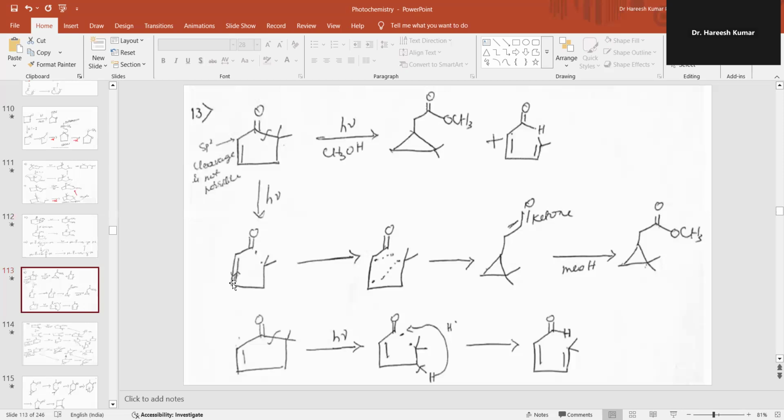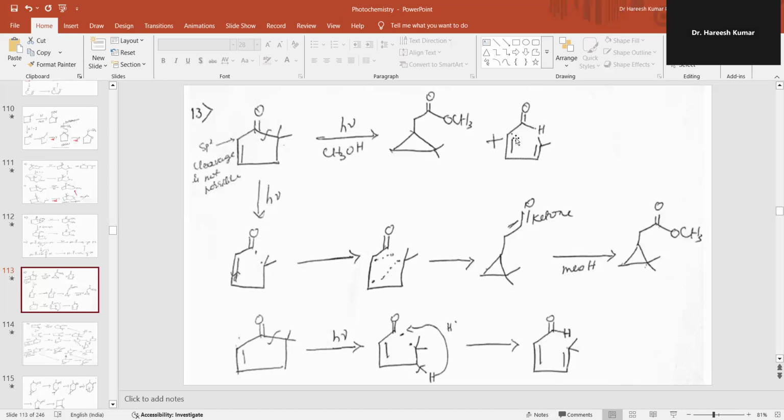Here one radical, here one radical. That means a double bond formation and also a 3-membered cyclic moiety formation. So this is a 3-membered cyclic moiety and the ketene is formed. Since this reaction is carried out in the presence of a solvent called methanol, methanol reacts with this carbon, forming an ester. So you know that here one more product is formed.